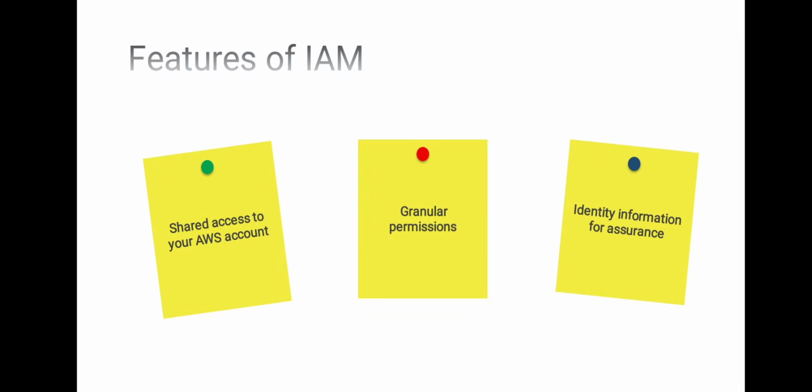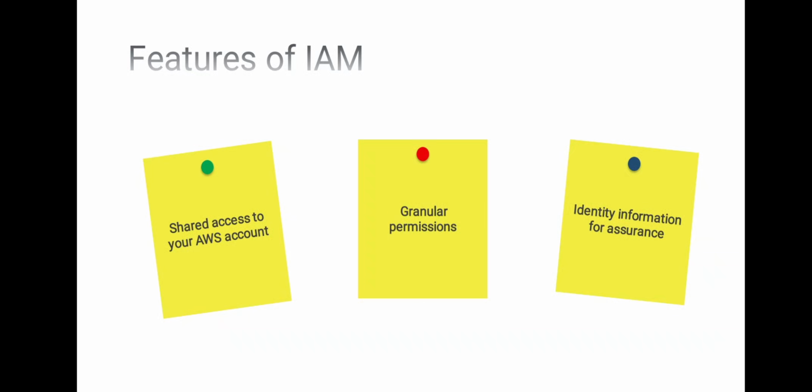Next one is identity information for assurance. When we use the service CloudTrail, we get log records which include all the information about actions made on the resources in your account. All this information is generally named as identities, that is IAM identities.